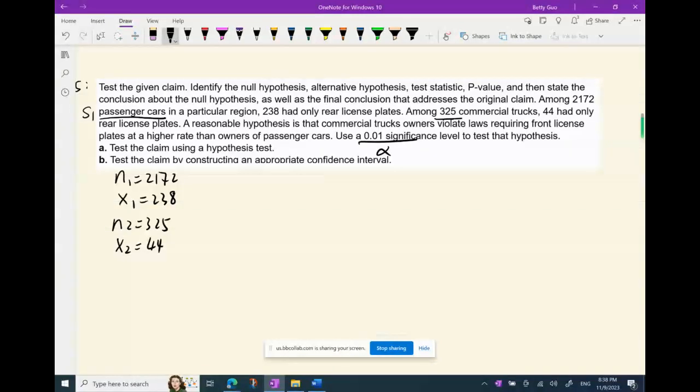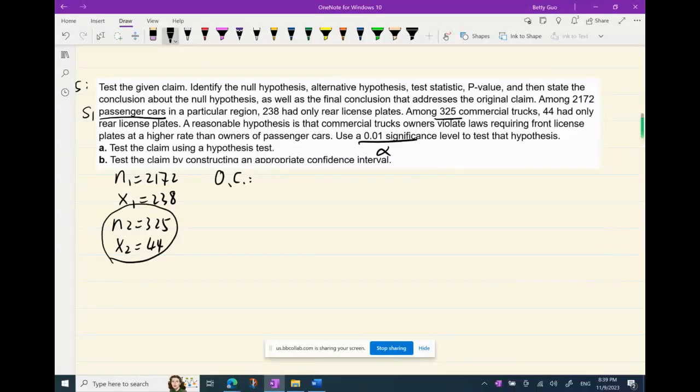Significance level alpha to test the hypothesis. So what's the hypothesis? They basically claim the truck owner has a higher violation rate, right? Has a higher violation rate.